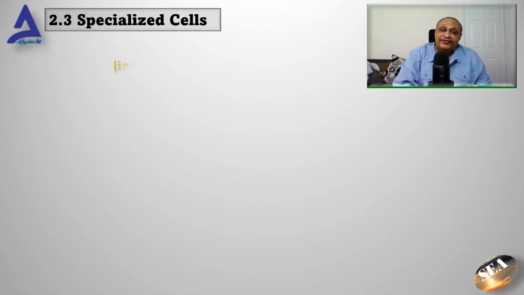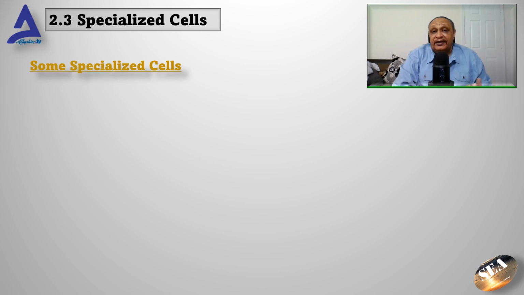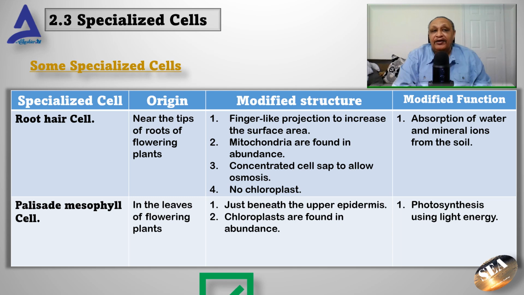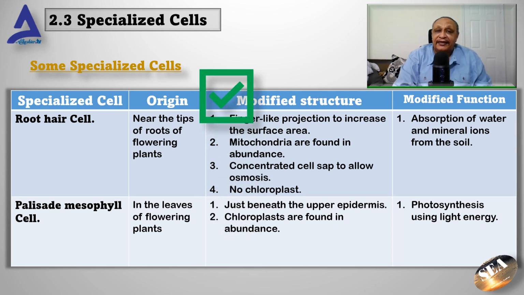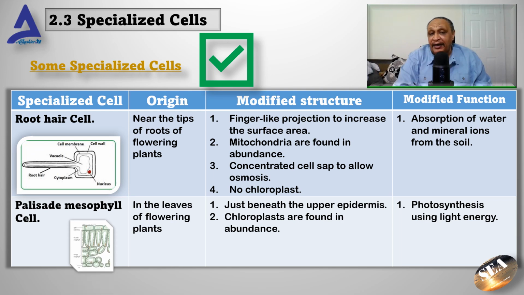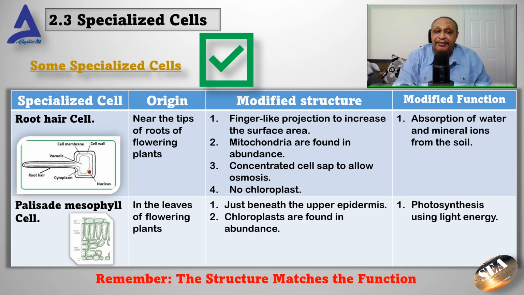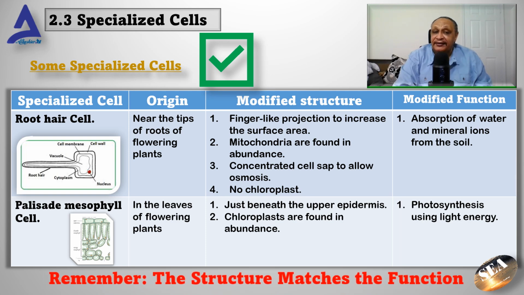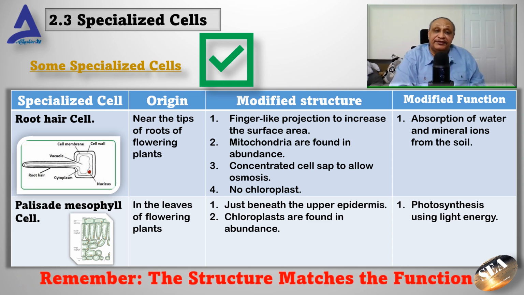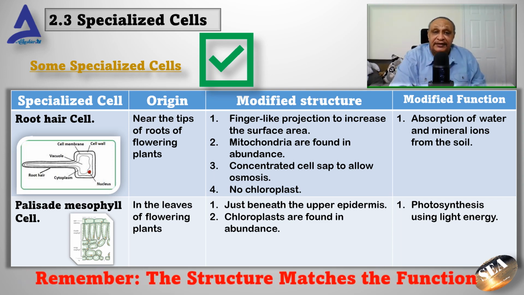All the above cells, or the previous cells, are found in animals. Now we have two cells that are found in plants, the root hair cell and the palisade mesophyll cell. Those are two specialized cells present in plants.